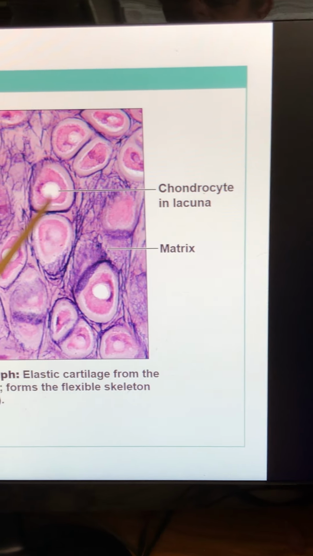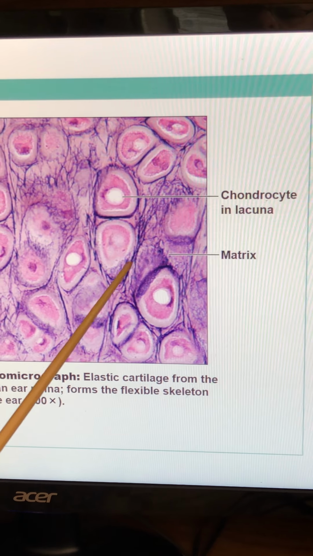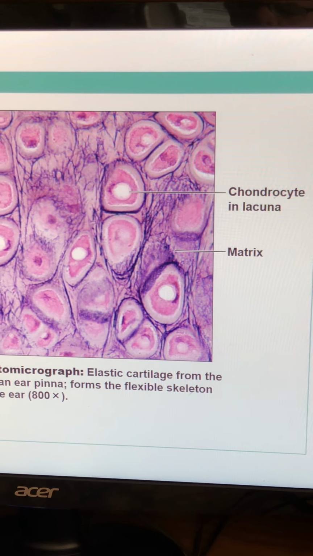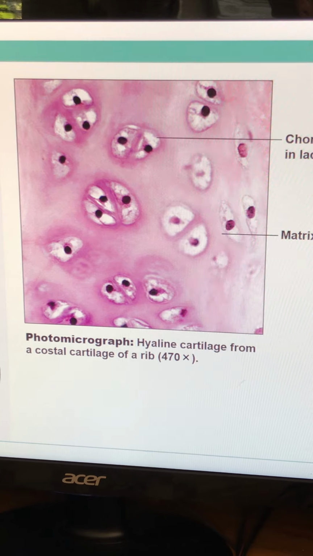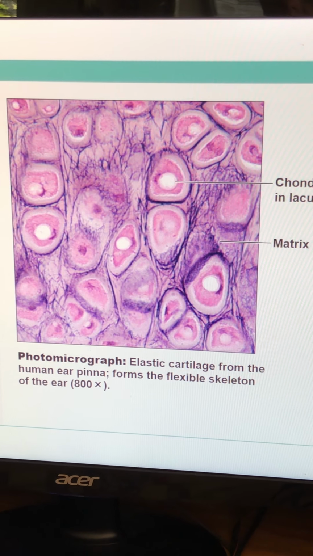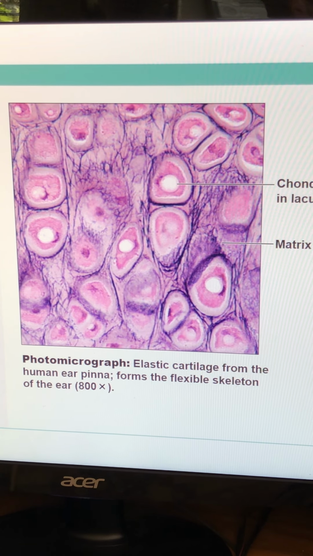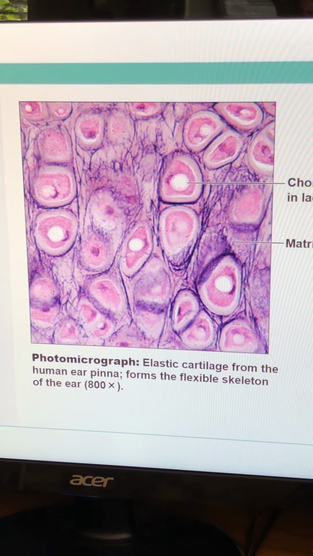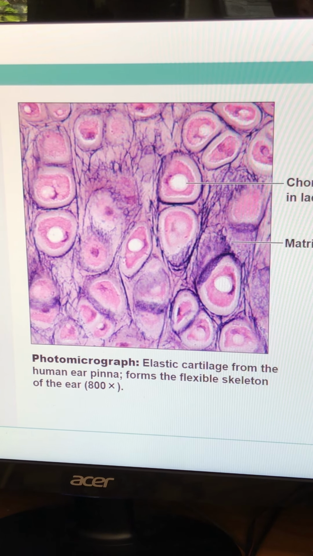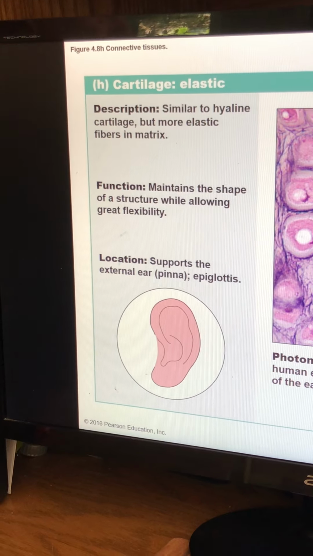Each one of these here are the chondrocyte in the lacuna. And the background here, instead of looking glassy like you have it here, has a whole bunch of fibers in it. The fibers are what's going to give it its ability to maintain its shape after it's been bent or twisted. So the two places you would find them is your external ear and your epiglottis.